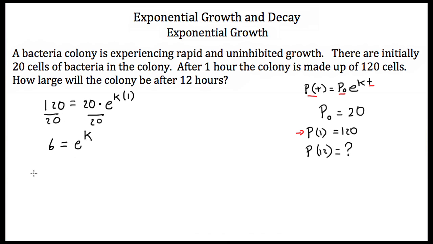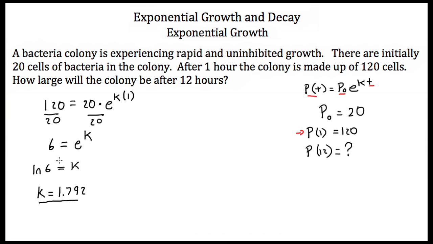This expression here is exactly the same as saying that the natural log of 6 is equal to k. Well, if you plug in natural log of 6 into your calculator, k is equal to approximately 1.792.